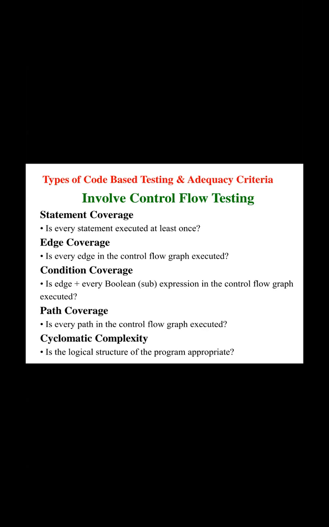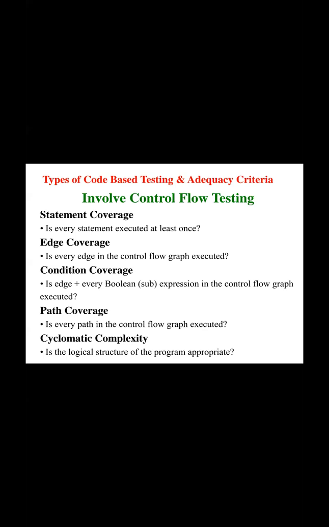And edge coverage means, while creating the control flow graph, we'll have the edge, that is, we will represent the process in the nodes, and the edges are used to connect one process with another process. So the edges, how the flow is happening, will be tested. Condition coverage means that various constraints, minimum constraint, maximum constraint, and the various conditions will be tested.